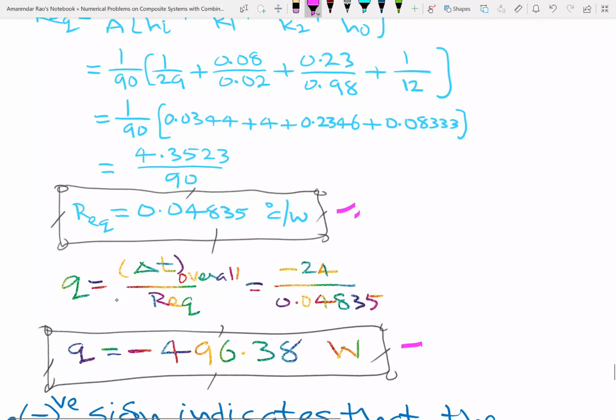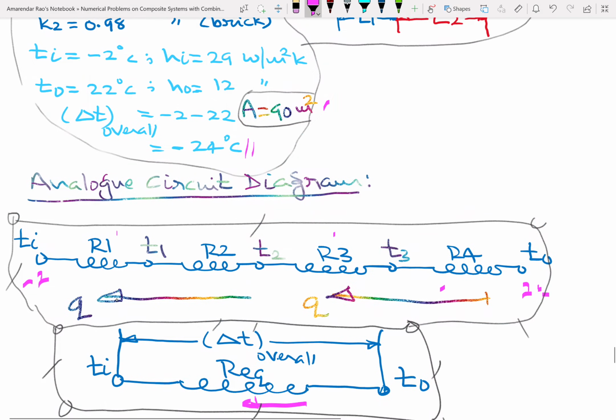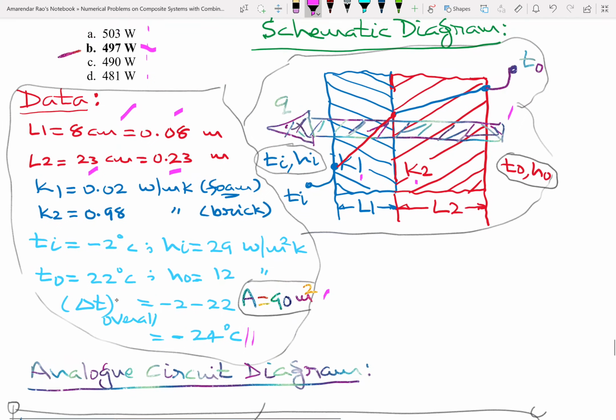So these are some of the typical problems which appeared in the previous ESC examinations. And I have taken up problems for the last 10 years only, 2010 onwards, so that everything will be consistent. And in these problems, we have done nothing but substituted the given data appropriately. I hope that these problems will enhance your understanding of these composite systems.